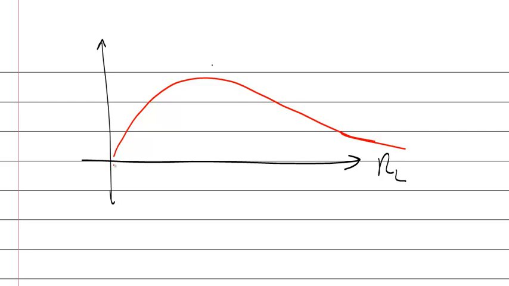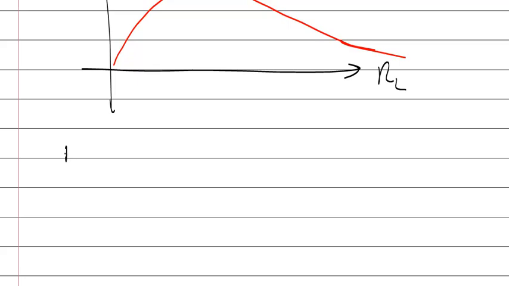If RL is 0, then I squared RL will be 0, because of this multiplication.